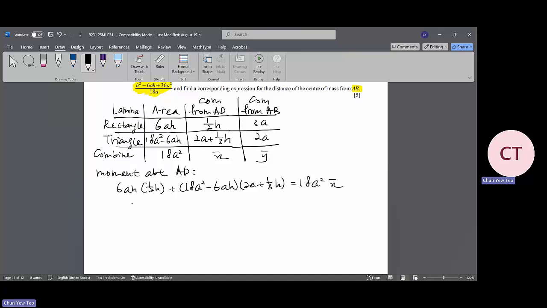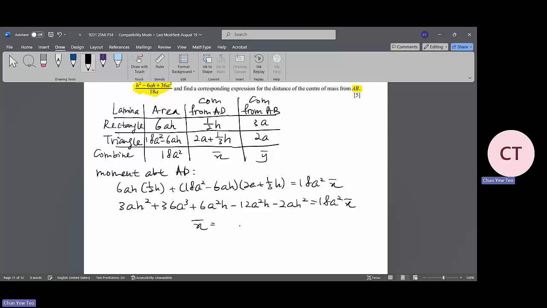So we can expand. We will have 3ah squared plus the 36a cubed, then plus the 6a squared h minus the 12a squared h minus the 2ah squared is equal to the 18a squared bar x.